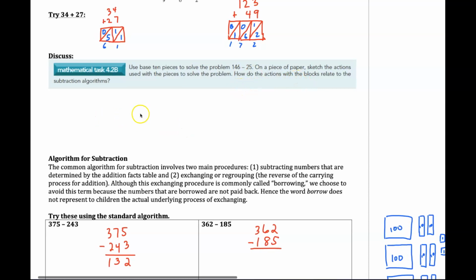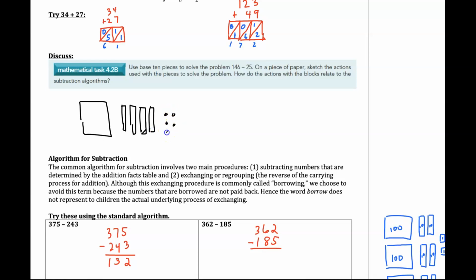Think about what those actions look like so that we can compare that. So there's 100, there's your 4 tens, right? And so you have that, and then you end up with the 6 ones, and what you would do is actually take away, right? You're going to take away 25.